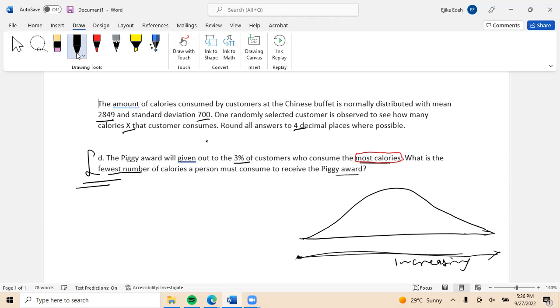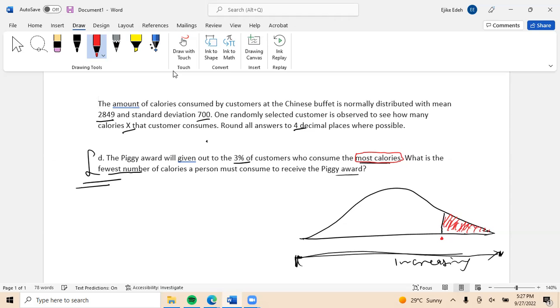It starts from the least over here and increases to the most here. So when we're talking about the most 3%, you're talking about the 3% that is up at this end. This is the most 3%. So everybody whose number of calories falls into the shaded area will receive the award. So your interest is the number here. The number of calories are these red dots, okay?